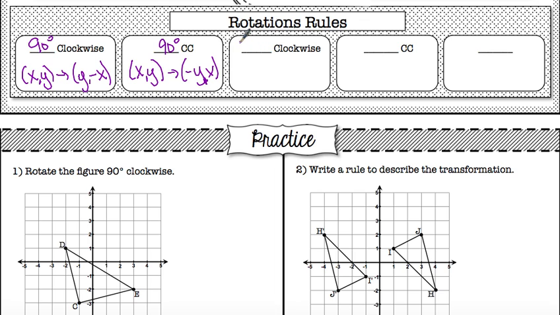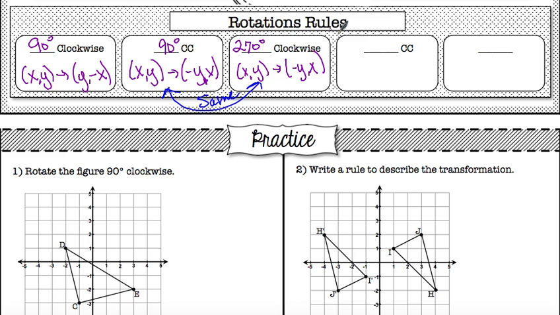If you want to rotate 270 degrees clockwise, the rule is negative y, x. These are the same. 90 degrees counterclockwise and 270 clockwise are the same rule.